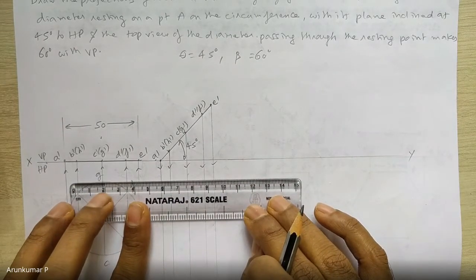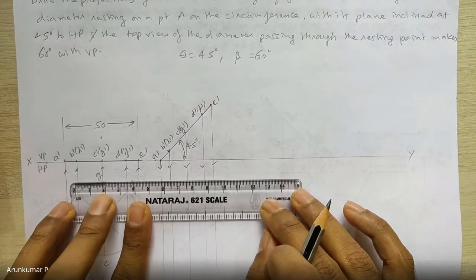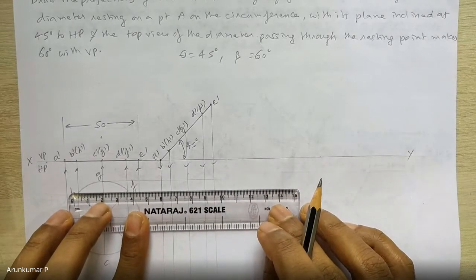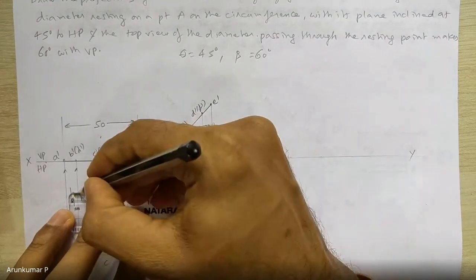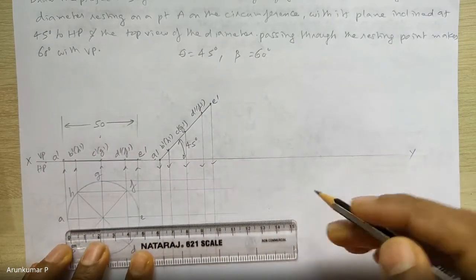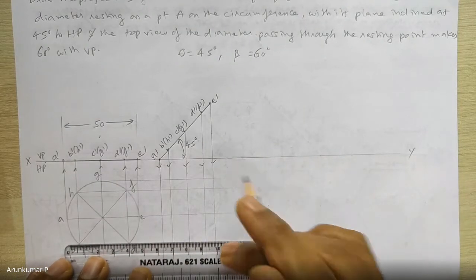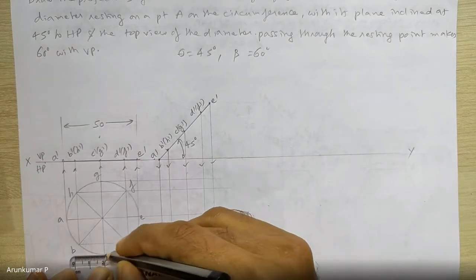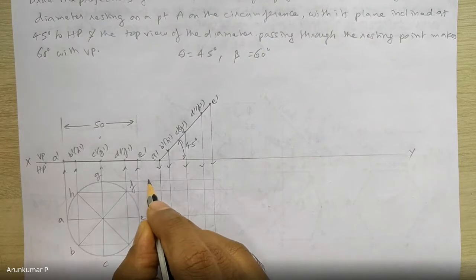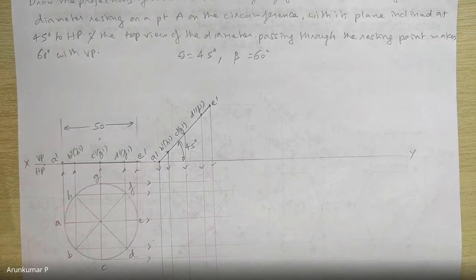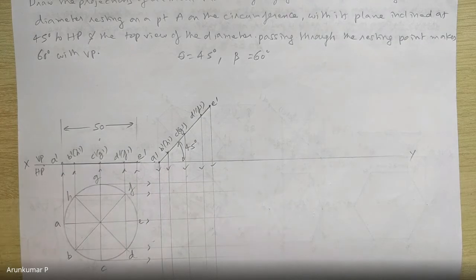They will intersect and give you the second step top view. So you have to be careful when you are drawing this. 1, 2, 3, 4, and 5. So 5 horizontal projectors and 5 vertical projectors are going to intersect and give you the second step top view.